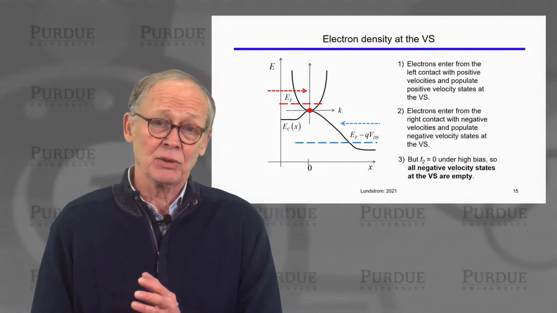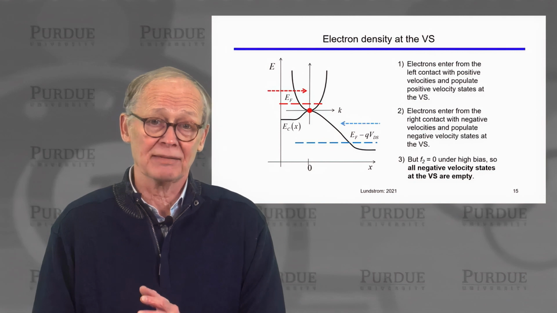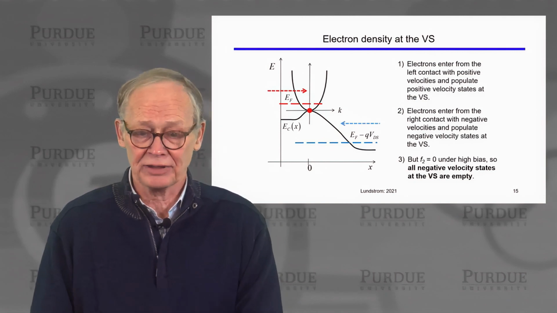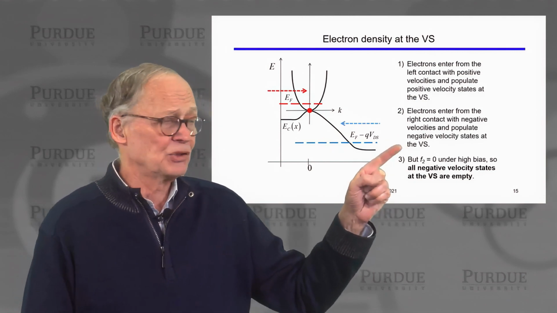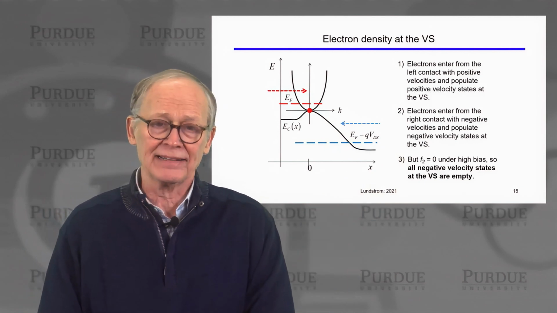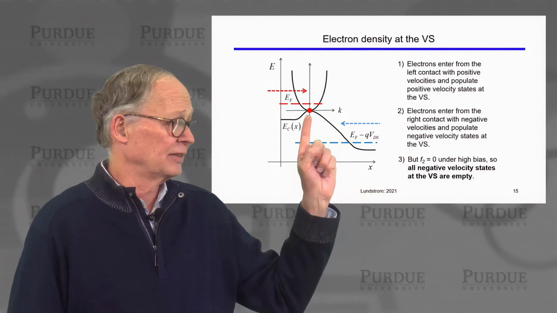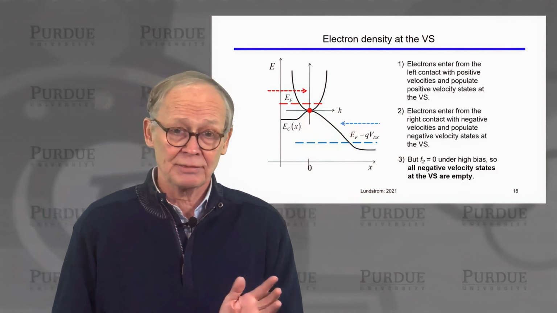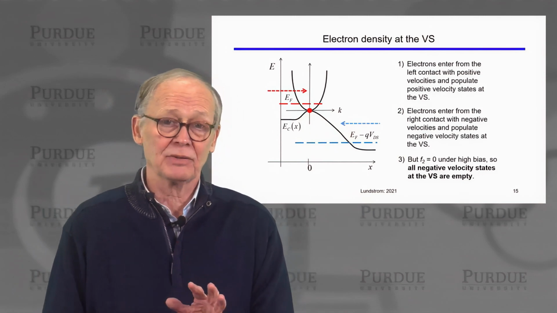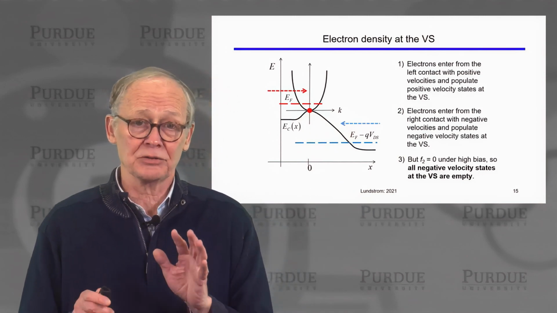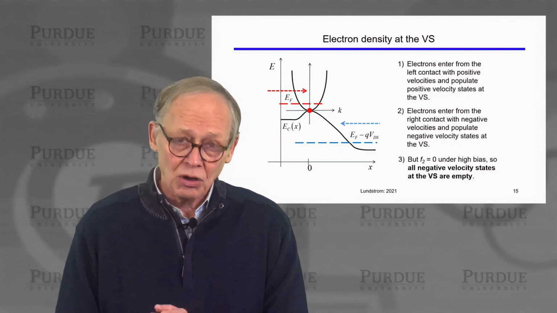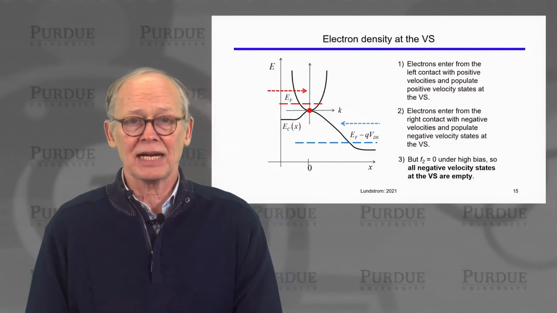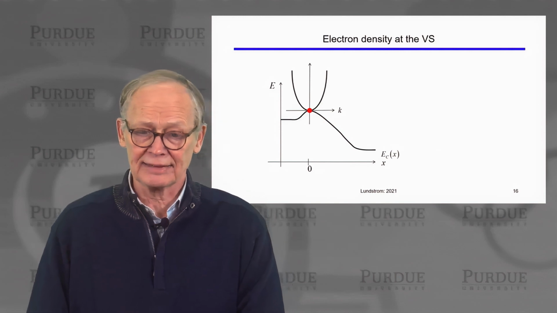Now, because the drain voltage is considered here to be large, we're under high VDS conditions, we essentially have no probability of occupying negative velocity states at the top of the barrier. Right? The Fermi level in contact to the drain is just too low. So all of the electrons at the top of the barrier are going to have positive velocities.